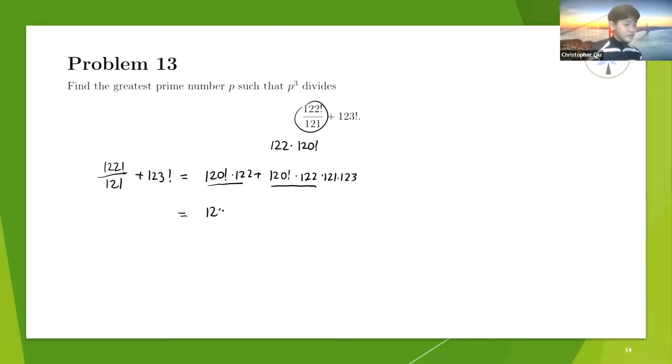And so, after we factor this out, we would have this number, 120 factorial times 122 times, in parentheses, 1 plus 121 times 123. And then what's interesting here is we can rewrite 121 times 123 as a difference of squares.